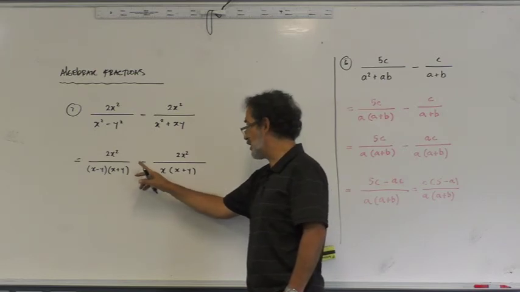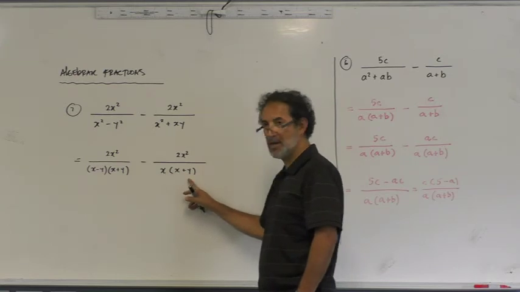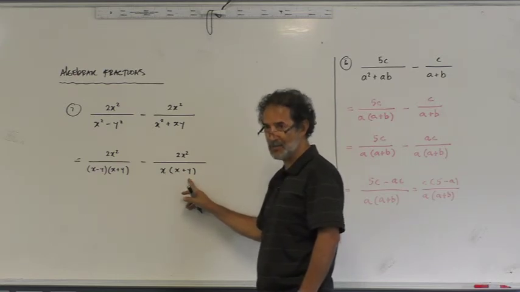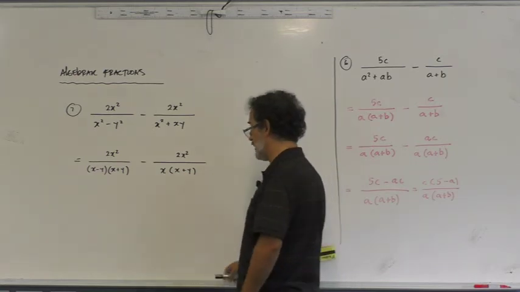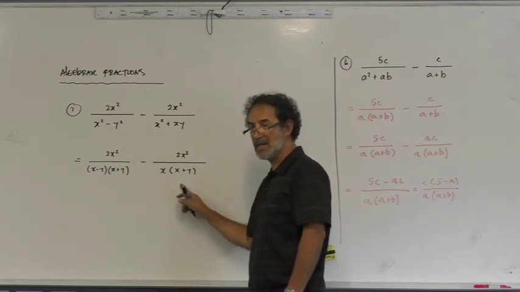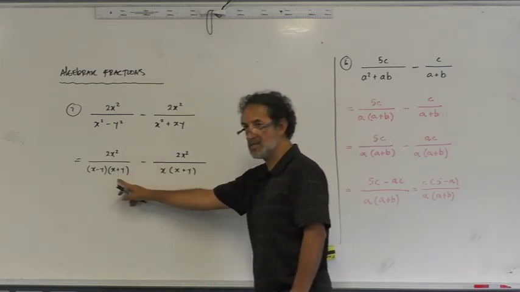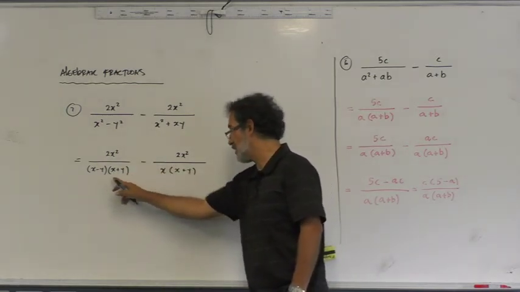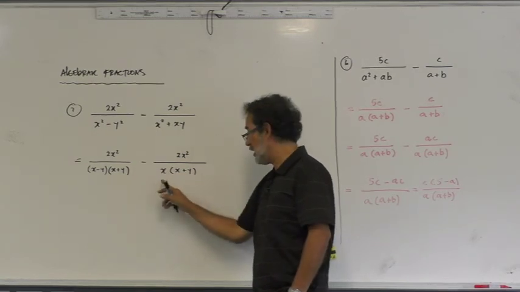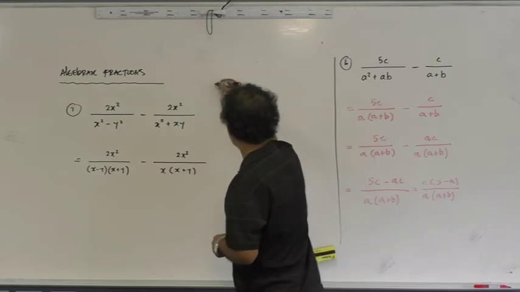So we're gonna multiply this by x, and then we're gonna multiply this by x minus y. All right. So our goal is to have exactly the same denominator. So you're gonna multiply the first fraction by x because that is what's missing from here, and then you're gonna multiply this by x minus y. All right, can you please do that?